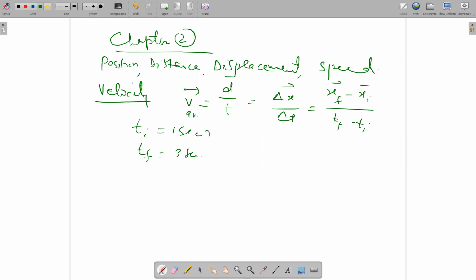So between these two times, we put the values of tf and ti. At tf equal to 3 seconds, we will find xf, and then at ti equal to 1 second, we will find xi. So we will put the values and solve it and get the value of v average.